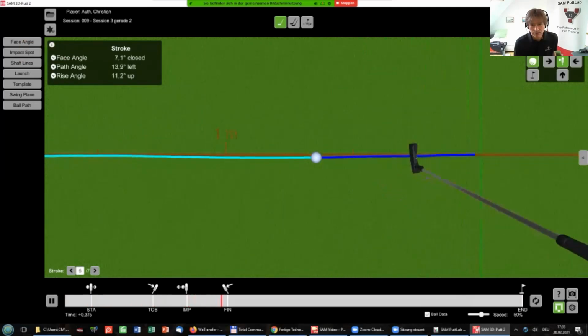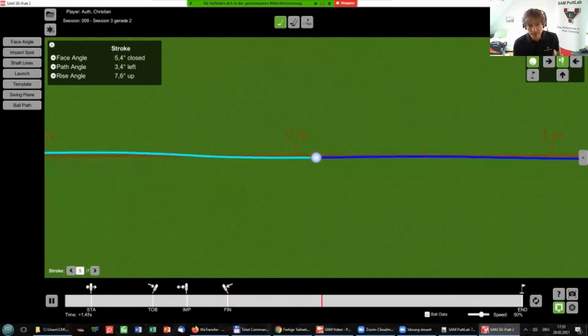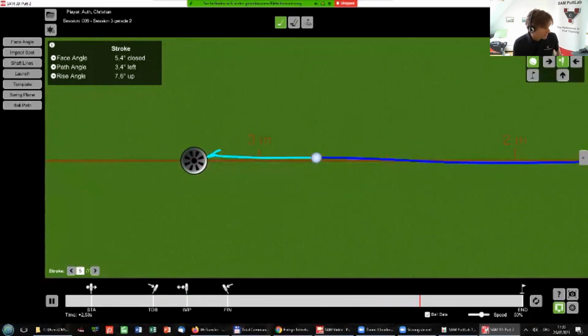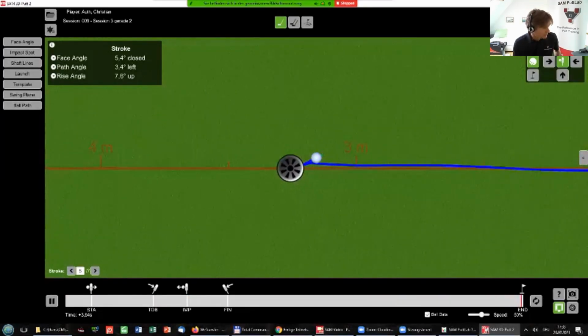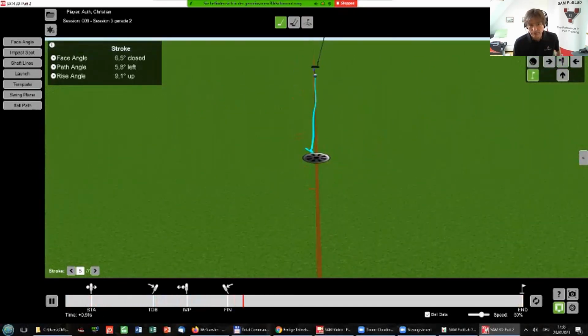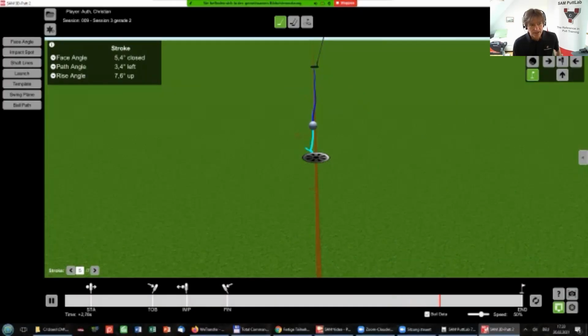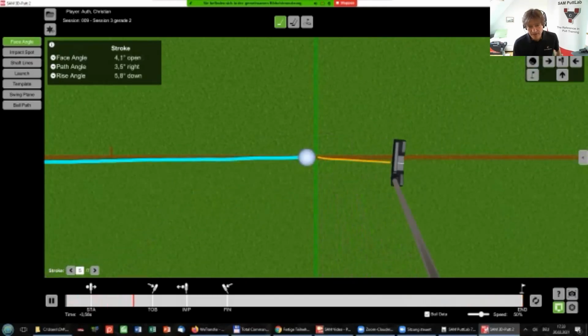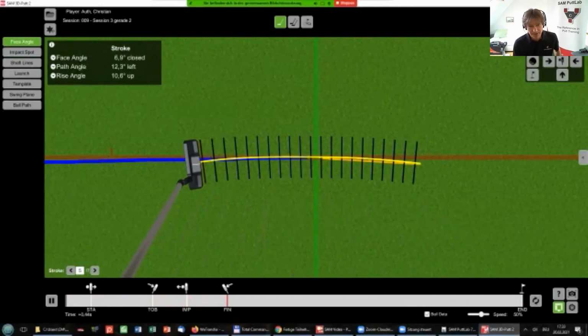And I can now do different views, like traveling with the ball. I can look at it from the hole. And certainly I can add all the information I want to see, like face angles or swing planes or whatever. This is optional.